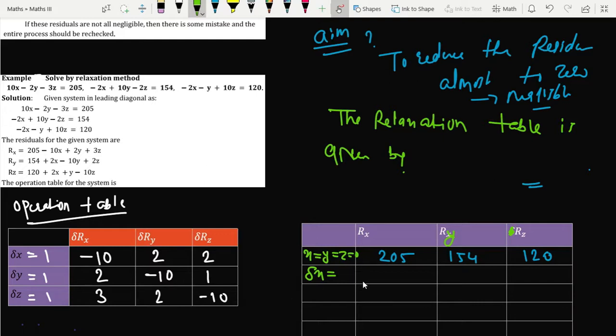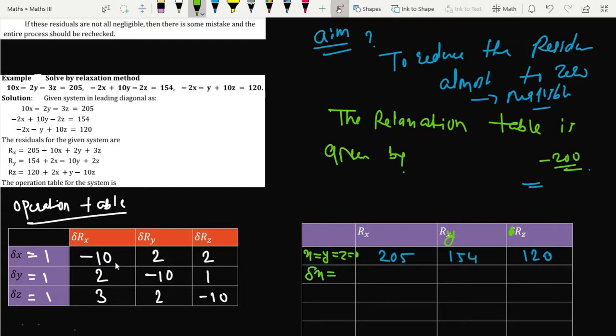So here the value is 205, and we have to focus on this minus 10 because the intersection of these two terms is minus 10. So we have to find the number which comes closer to 205, which is a multiple of this minus 10. So this number must be 200.